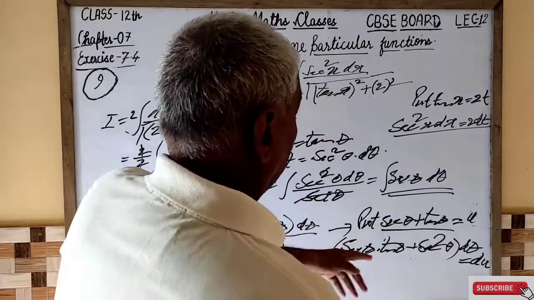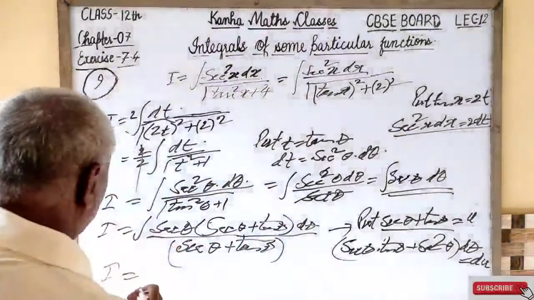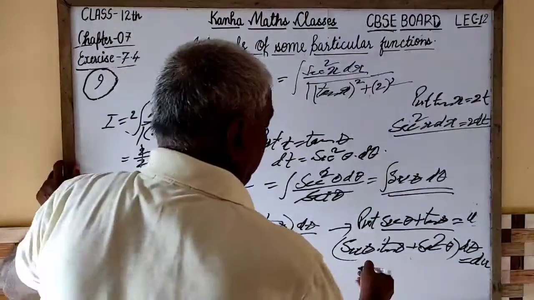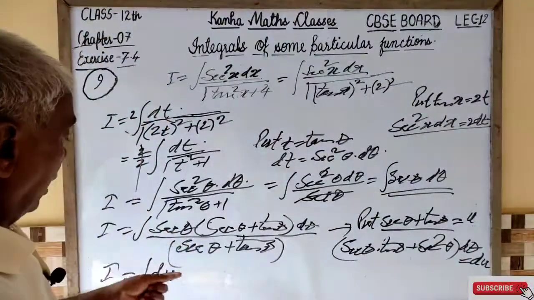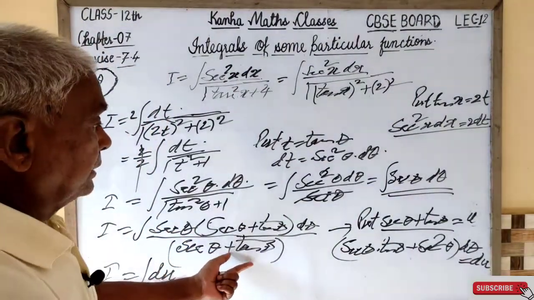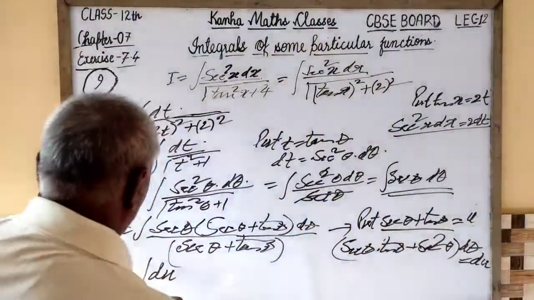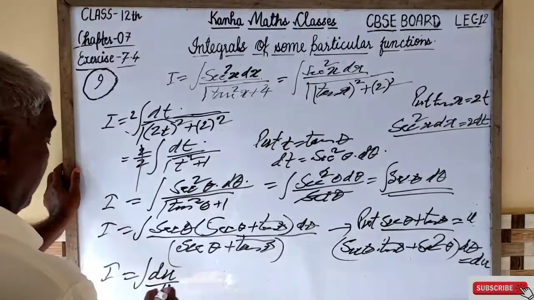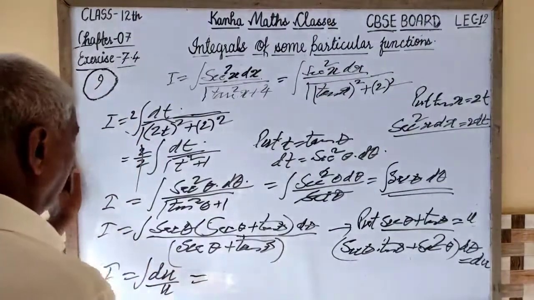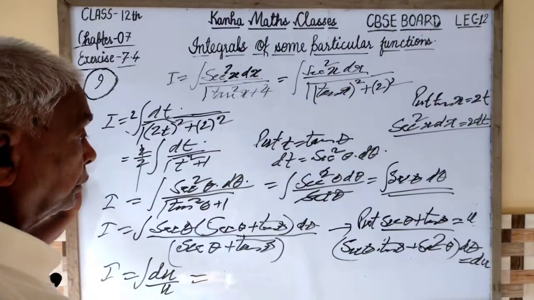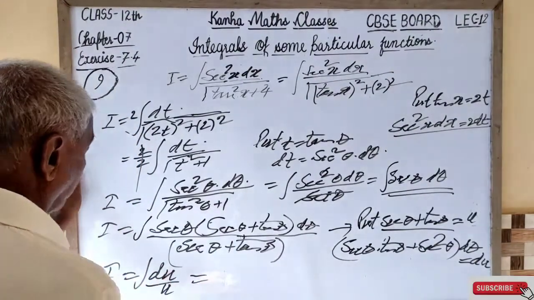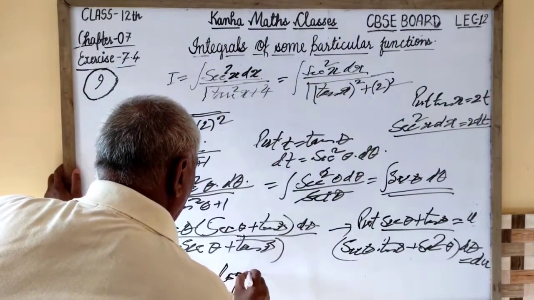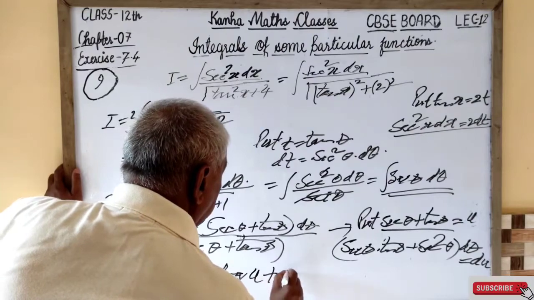The numerator will be equal to only du, and the denominator, as I have already substituted sec theta plus tan theta is equal to u, this will be u. And the simplest form of integral will be du upon u, which means log u plus c.